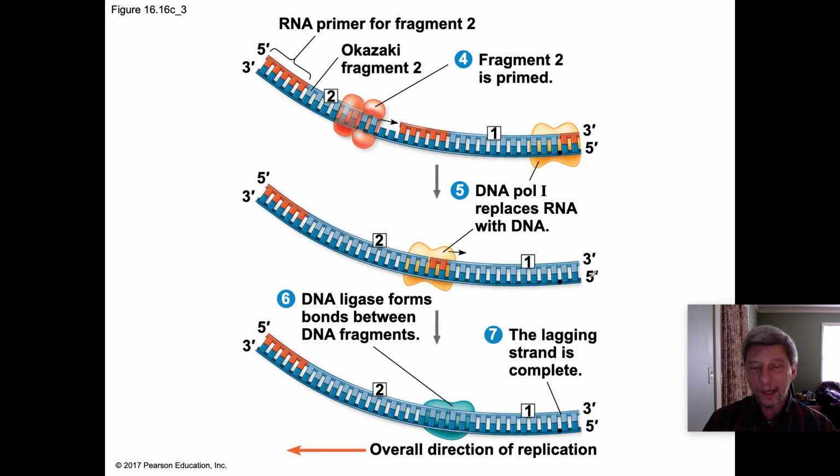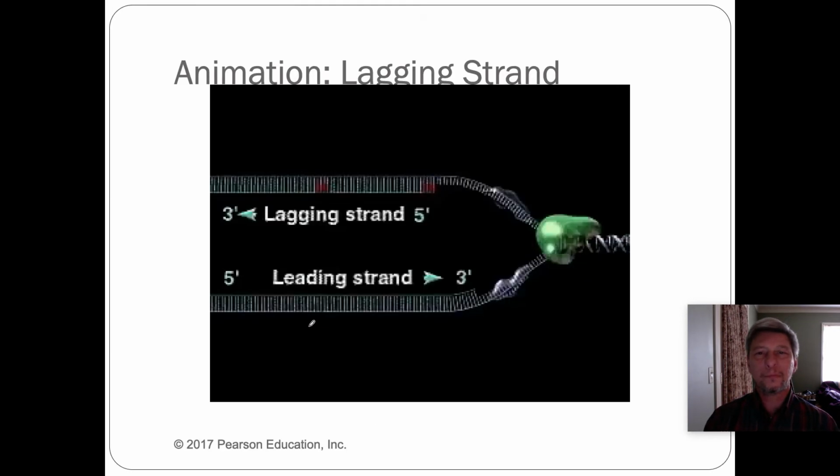And then finally, another enzyme called DNA ligase is going to take, you see the little opening right there? The two DNA nucleotides here and here are not actually attached together until DNA ligase ties them together. That's the way that this works. So one fragment at a time, worked on by a series of different enzymes.